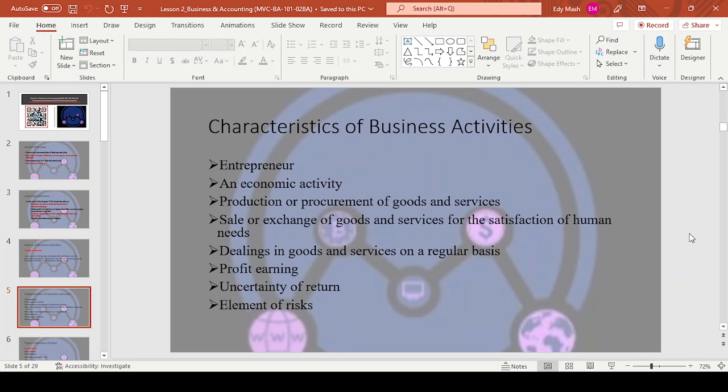All right. Now, characteristics of business activities. There's an entrepreneur, the guy with the vision who says, I want to open a bakery. I've seen the market here. People like this. The visionary, the entrepreneur who says they want to do the business. And in an economic activity like a bakery, you need suppliers who give flour, sugar, milk, and then you process and make the cakes, the products.